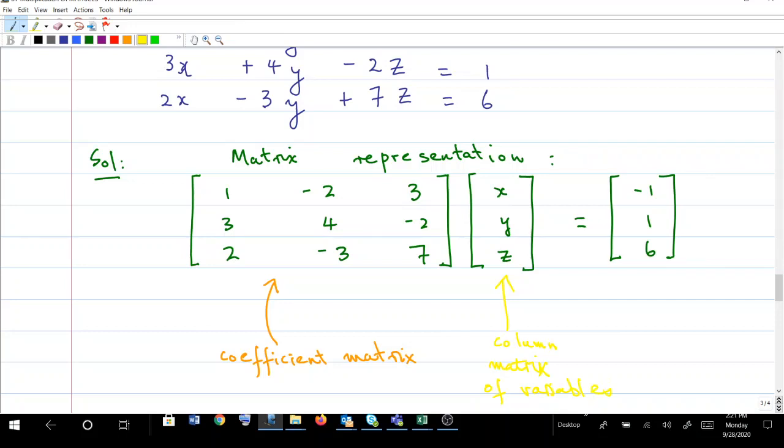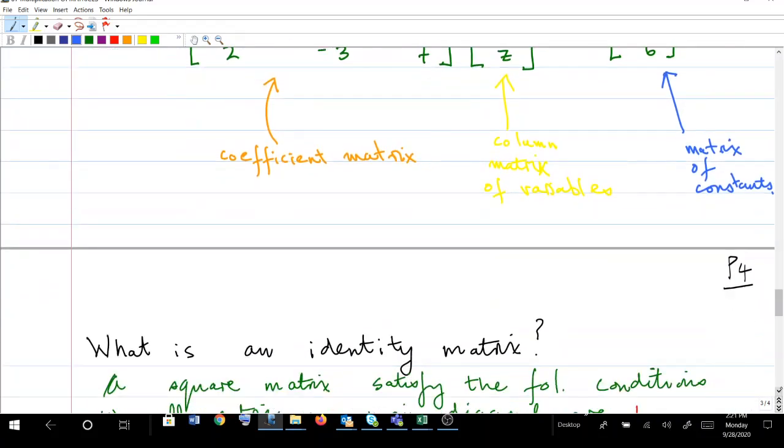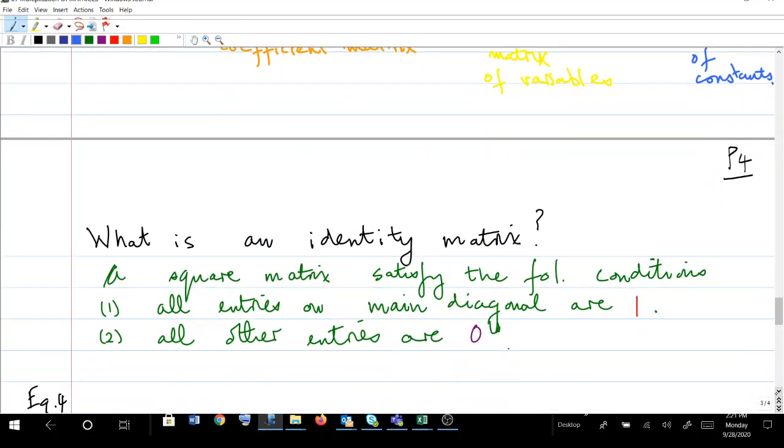X, Y, and Z. Then you've got over here the matrix of constants. Again, it's a column matrix. Right, so make sure you understand this. We will need this after we do the next section on inverses of matrices. It'll give us another way of solving systems of equations.